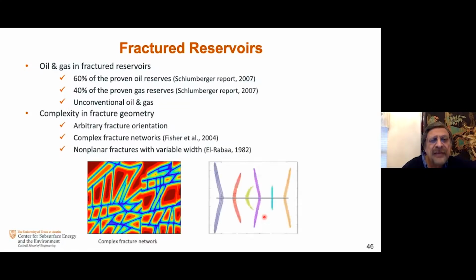Some of these are complex fractures, as you can see there. In here, I'm showing a hydraulically fractured reservoir, and as you can see, these fractures are not necessarily orthogonal to the wellbores, so we have to have a capability to model such fractures efficiently and in a manner that is close to what is actually happening in the reservoir.